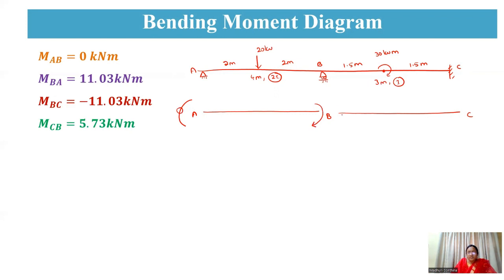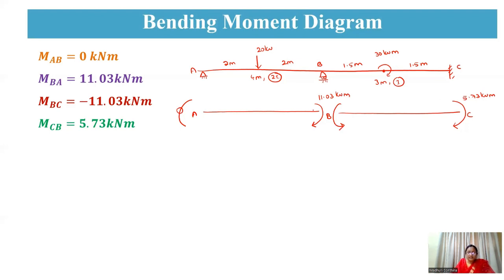BA moment positive clockwise, BC moment negative anti-clockwise, which is of 11.03 kilonewton meter. And this CB moment again positive, which is clockwise, that is 5.73 kilonewton meter.